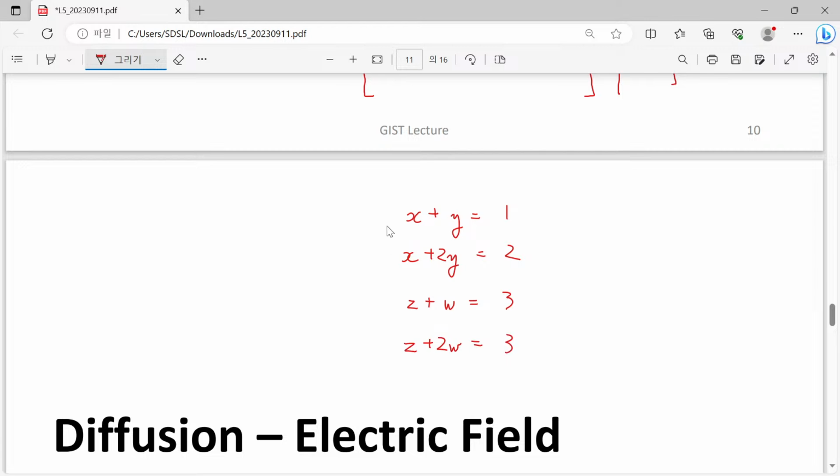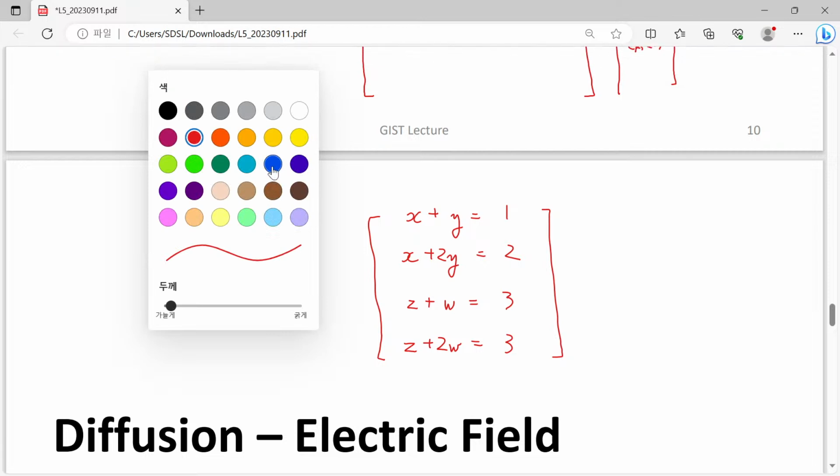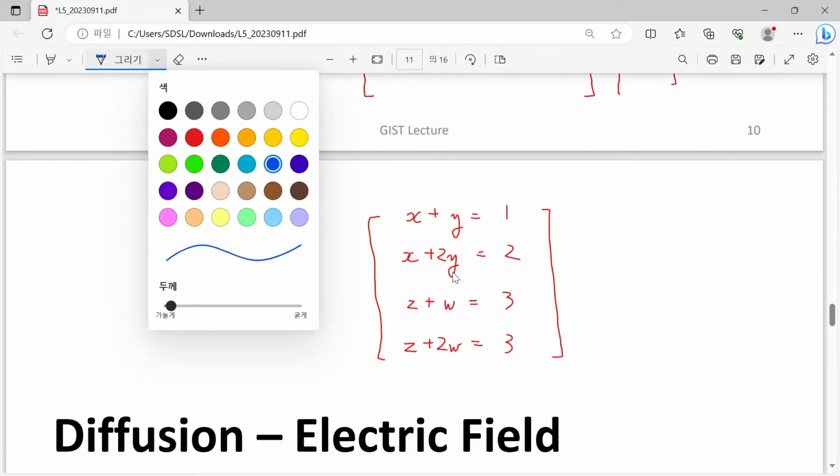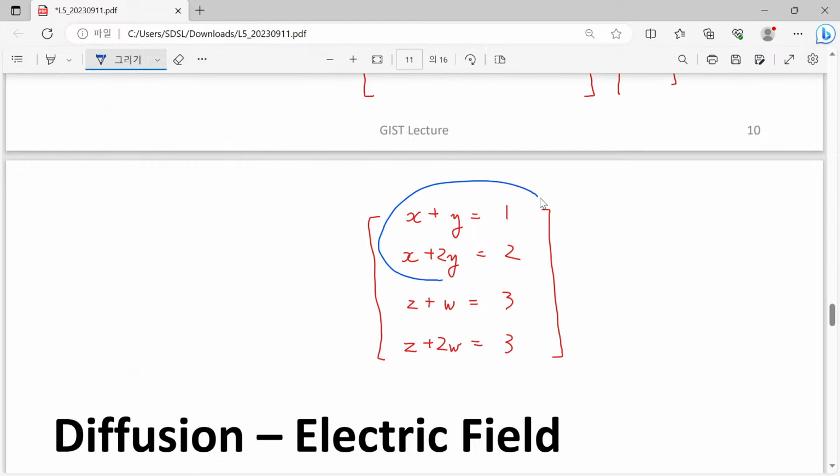If you have this kind of problem, you immediately find that, although we have 4 different variables, they can be subgrouped like x and y and g and w. Since they are not interacting anymore, we can subdivide this system into 2 pieces and solve a small problem and a small problem.